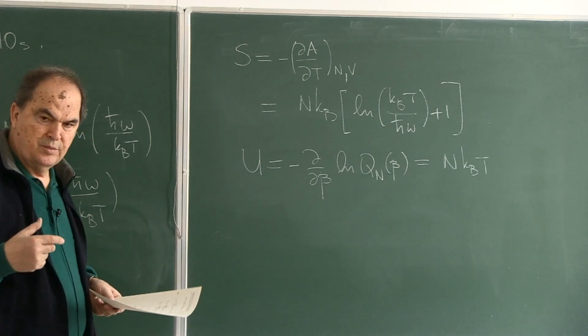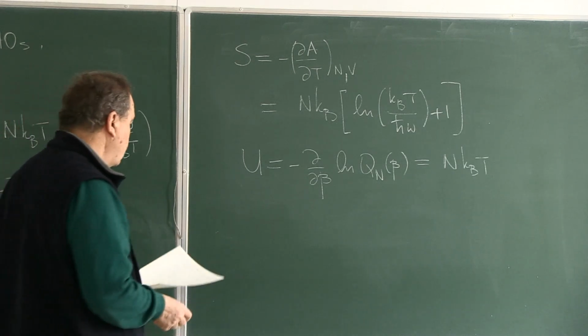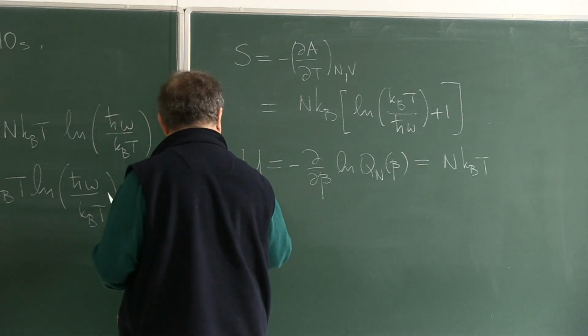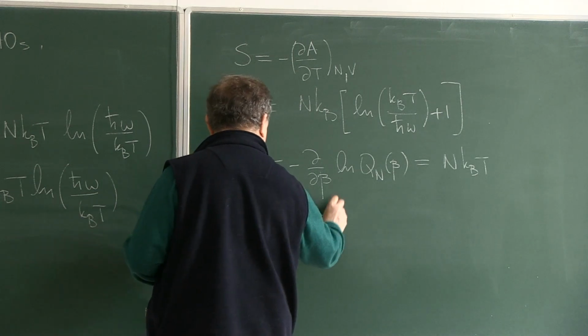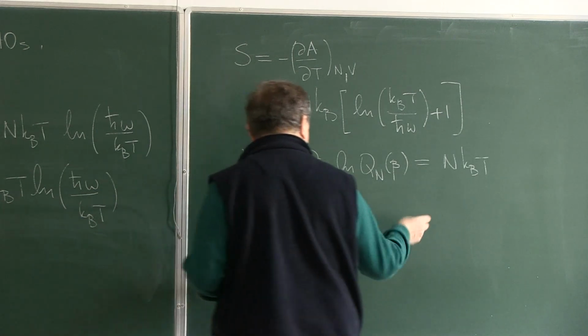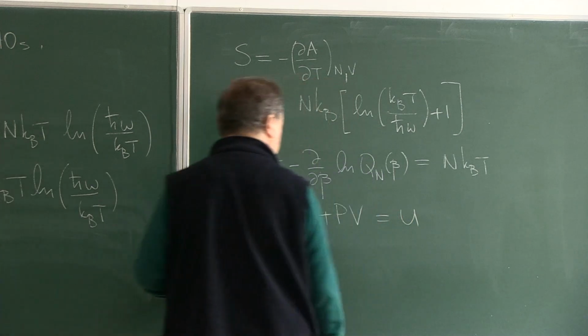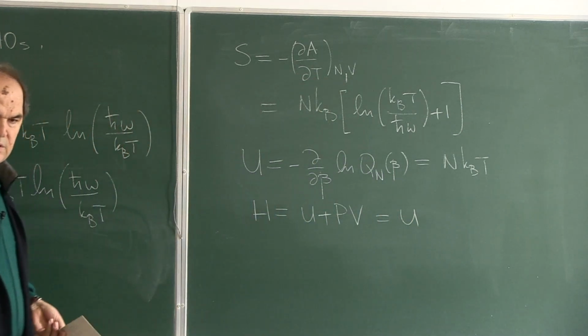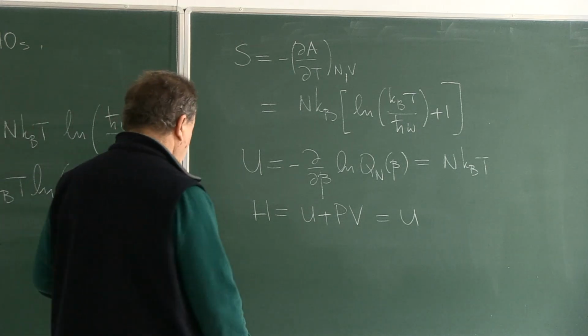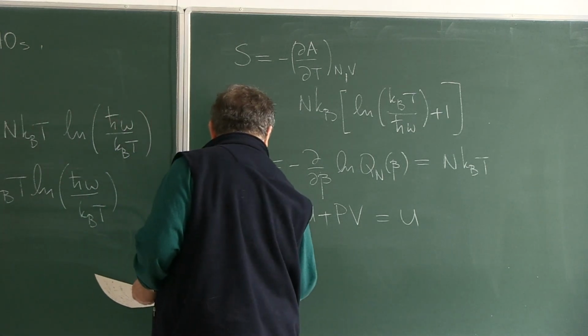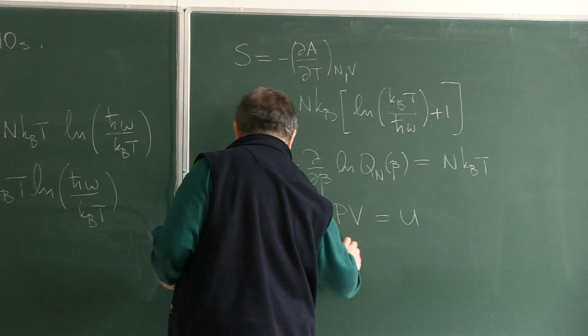Enthalpy comes out to be equal to internal energy, because enthalpy is U plus PV, but P is 0, so that is equal to U. This means heat capacities must be equal. CV must be equal to Cp.